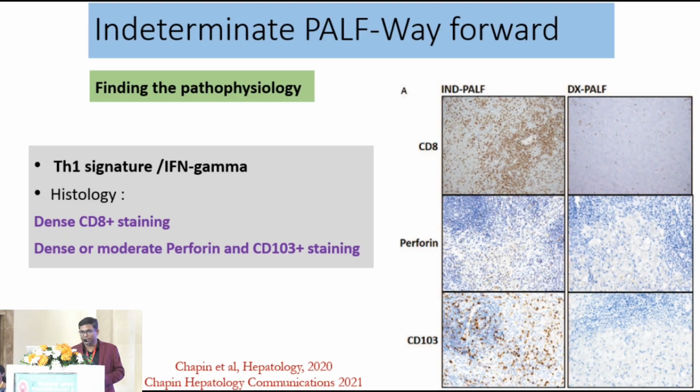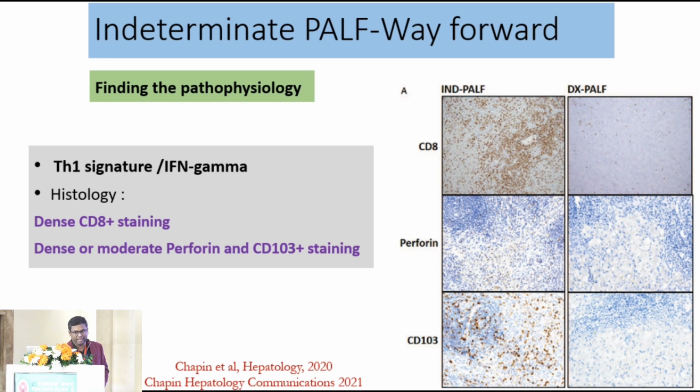So basically, these are mediated by cell-mediated immunity. We work up for immunity by ANA, IgG, LKM, but all of them come back negative, but again it is cell-mediated immunity. These are cytotoxic T cells, with perforin and CD103 staining here.